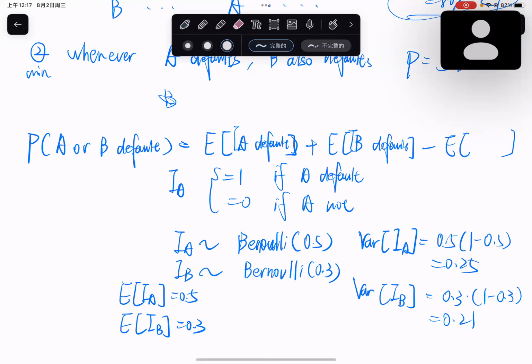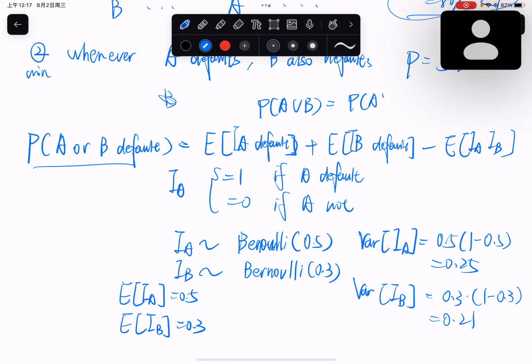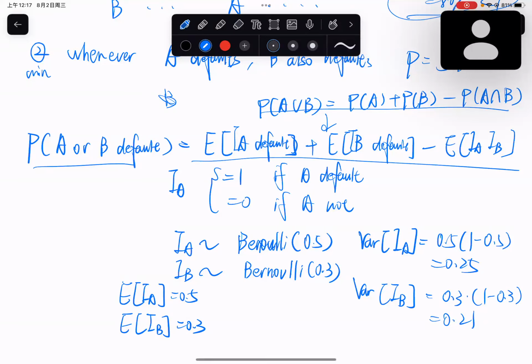This is I_A and I_B, right? So the probability of A or B is equal to probability A plus probability B minus probability A intersect with B, right? According to our first lecture when we were talking about the probability sets. So it will be the same for the expectation. And for this part, we calculate that this is 0.5, this is 0.3, and this one is going to be what?